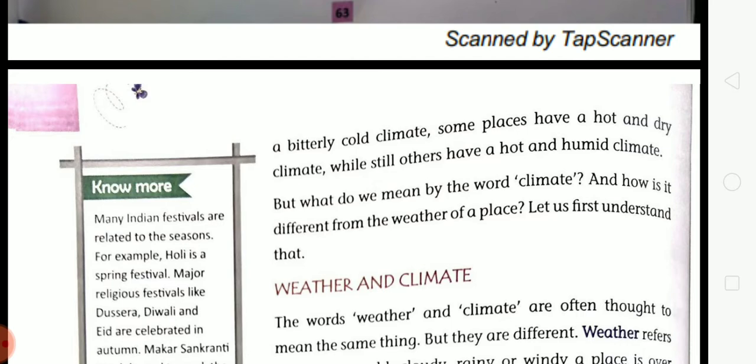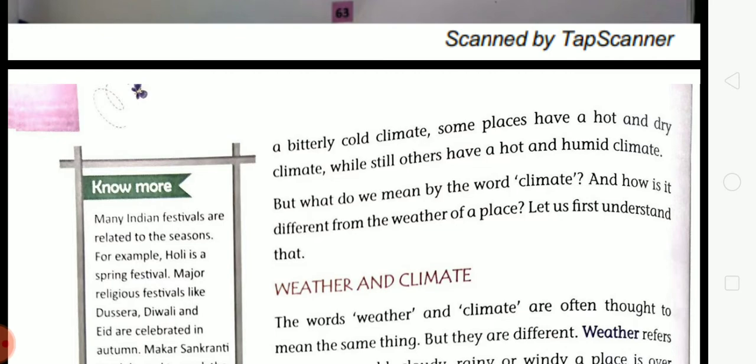But what do we mean by the word climate, and how is it different from the weather of a place? Let us first understand.